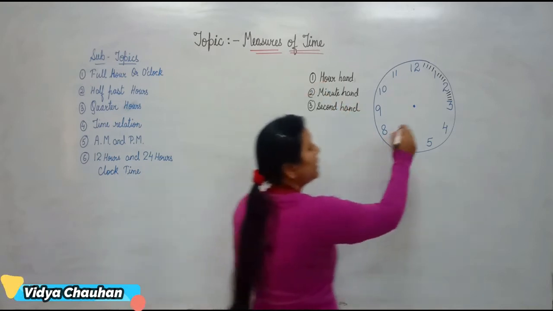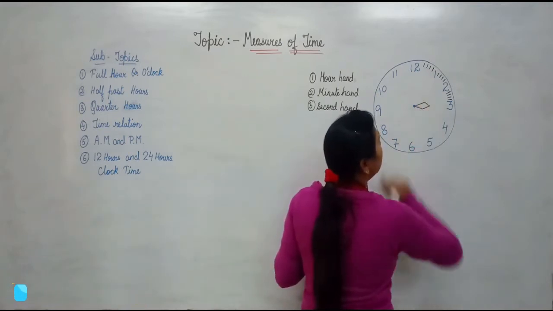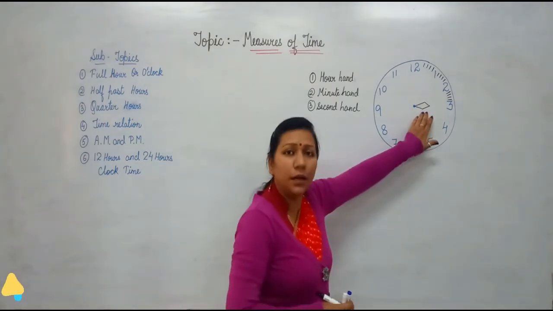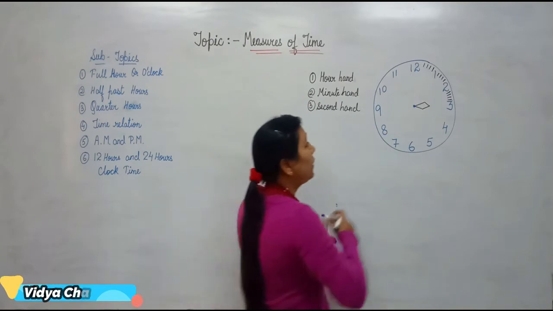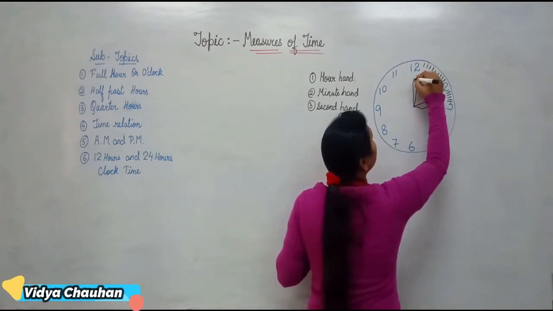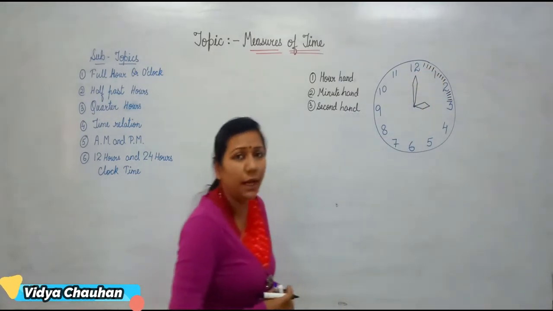The hour hand is the smaller hand in the clock. The longer hand is called the minute hand. So let's suppose this is the hour hand and this is our minute hand.